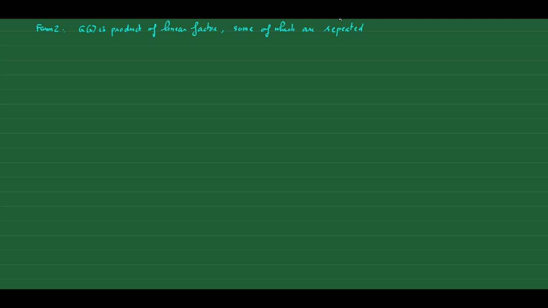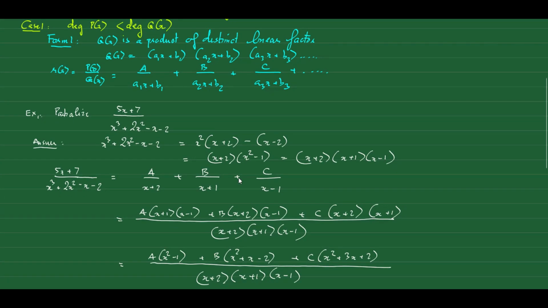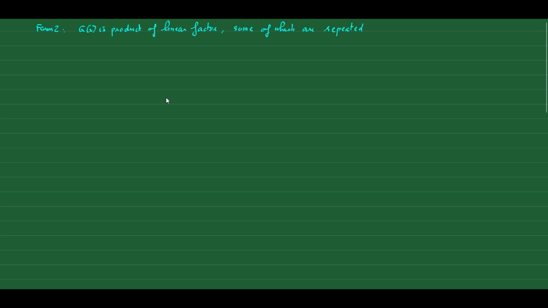Repeated means it is raised to the second power, or to a power more than 1. If you look at the first form, all the powers are the first power. So whatever has the second power, the third power, and so on, means it is repeated.